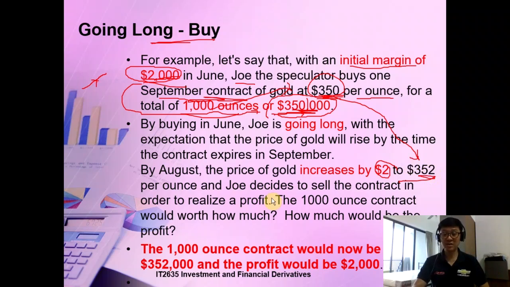So what's the difference in the contract? Merely $2 in the price, but if you are talking about 1,000 ounces, here you are talking about $2,000. That's a lot of money.